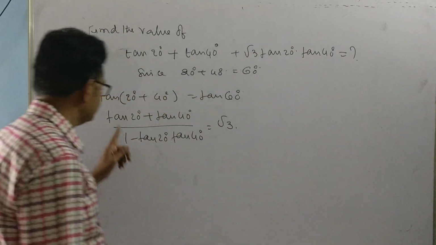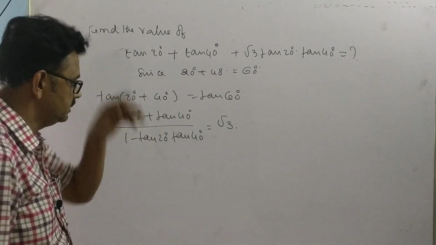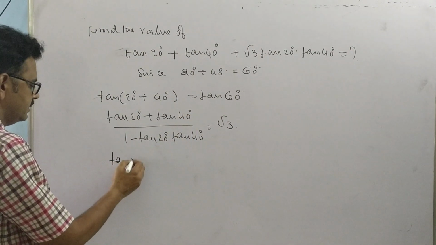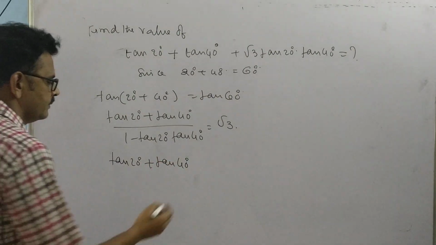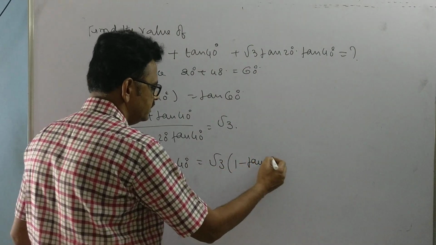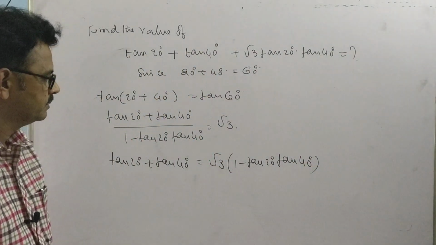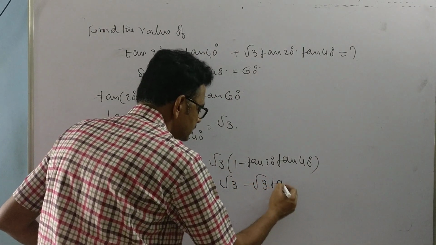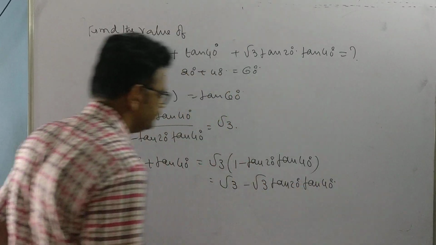Tan A plus tan B by 1 minus tan A tan B is equal to, now cross multiplication, tan 20 degrees plus tan 40 degrees is equal to root 3 into 1 minus tan 20 degrees into tan 40 degrees. Okay, this is equal to root 3 minus root 3 tan 20 degrees into tan 40 degrees.